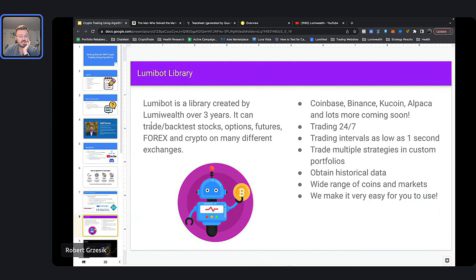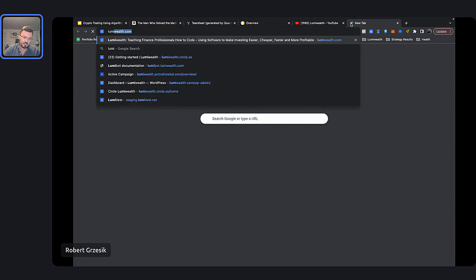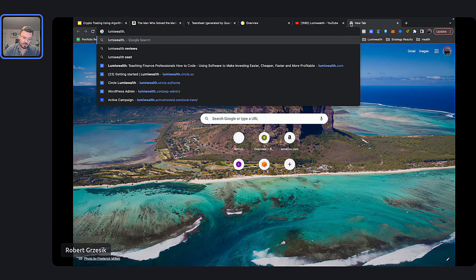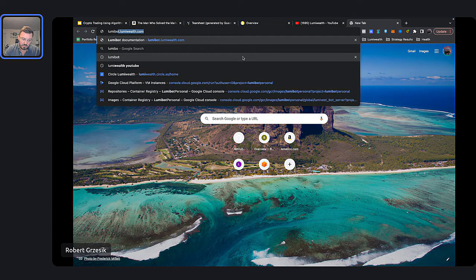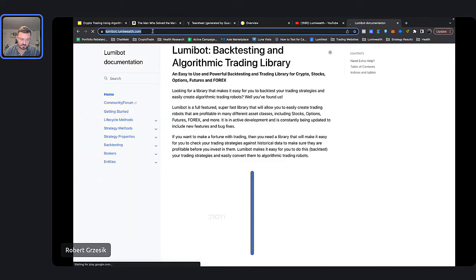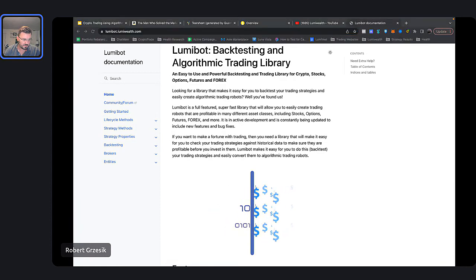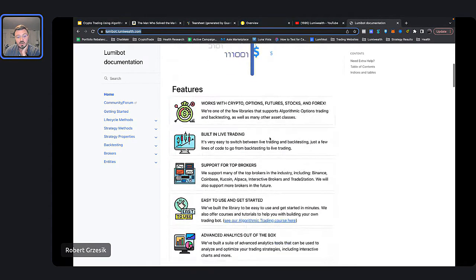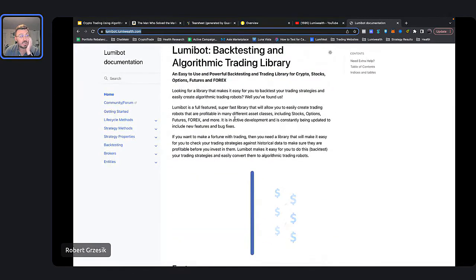We also have a lot of technology around the space. We have our library Lumiwealth. For those of you that are coders, you can take a look at our open source library, so you do know we know what we're talking about. You could look at our documentation here. I'll put that into the chat. If you guys are programmers, you could actually go through and read our documentation on our open source library.